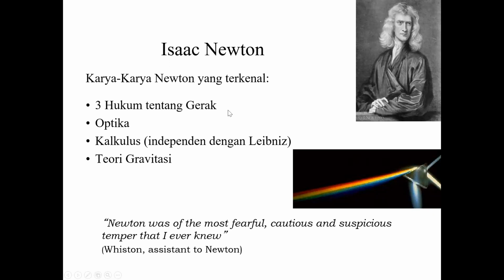In Newton's law of motion, he also introduced mass, but this is inertial mass. Inertial mass is different from gravitational mass. But there is a principle, we call it the equivalence principle, that states that inertial mass coincides with gravitational mass.